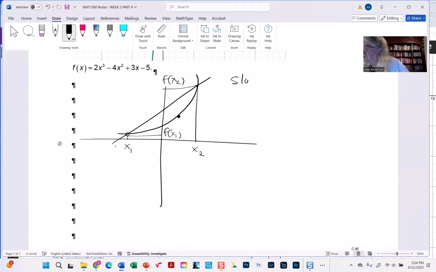And the slope of the secant line is, of course, the change in the y variable, which we're going to call f of x here, divided by the change in x.